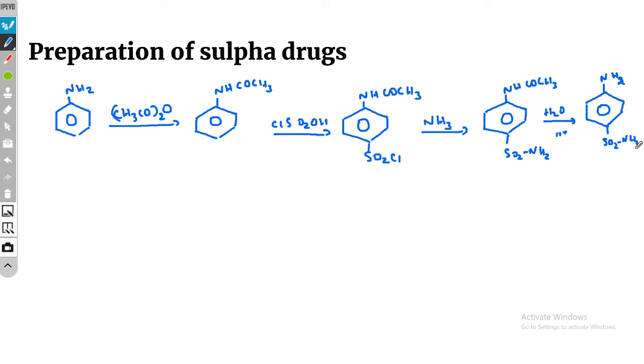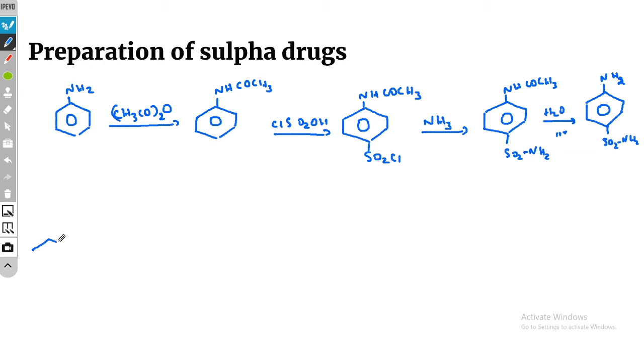So in order to attach a suitable R group here, instead of NH3 we can add some amines. For example, here we prepared sulfanilamide. Its derivatives can be prepared as follows.